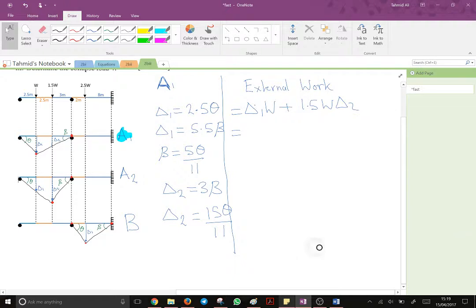So delta 1 is simply going to be equal to 2.5 theta.